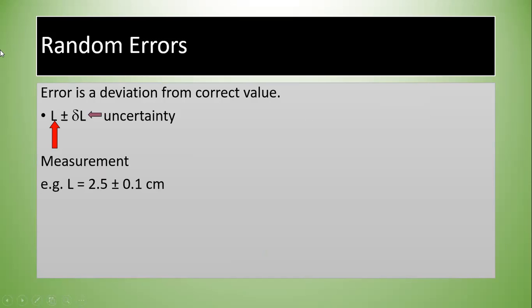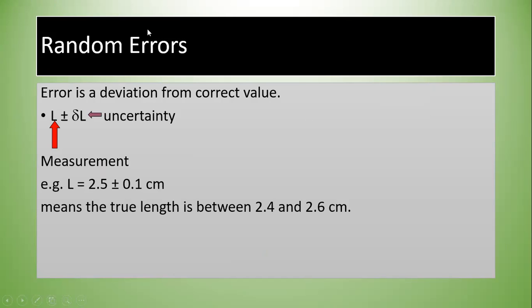For example, 2.5 plus minus 0.1. When we write it like this, we are saying that the true length is between 2.4 and 2.6 cm: 2.4 from 2.5 minus 0.1, and 2.6 from 2.5 plus 0.1.